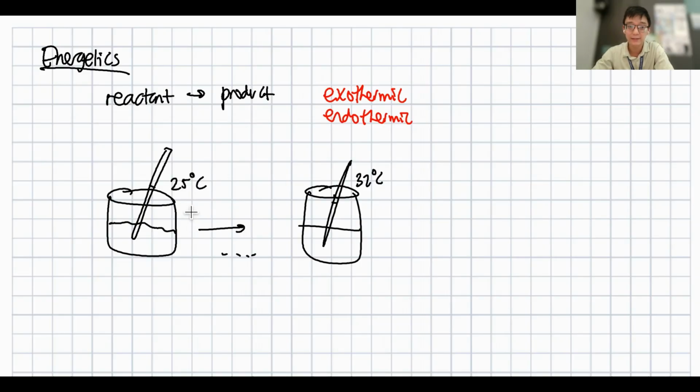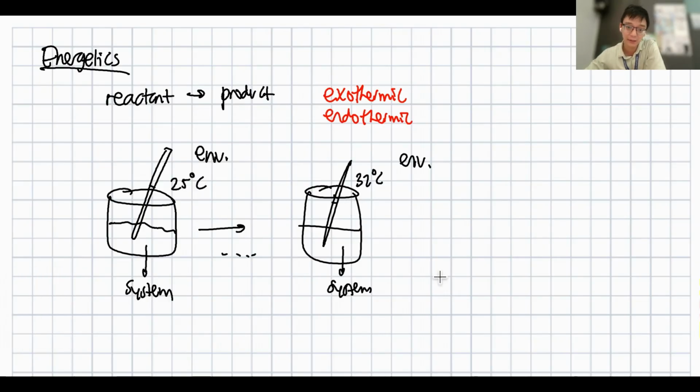So it means that the solution actually releases energy so that the water temperature increases. In this case, the solution or the chemicals we call the system, while the water and the surroundings we call the environment. We see here that the system causes the environment temperature to increase by 7 degrees Celsius.